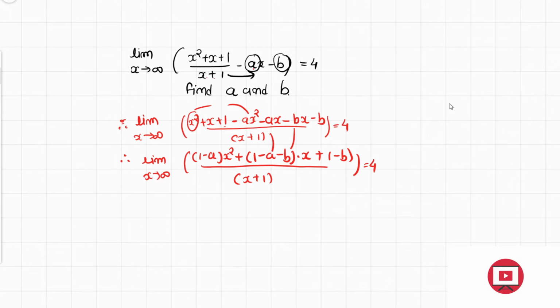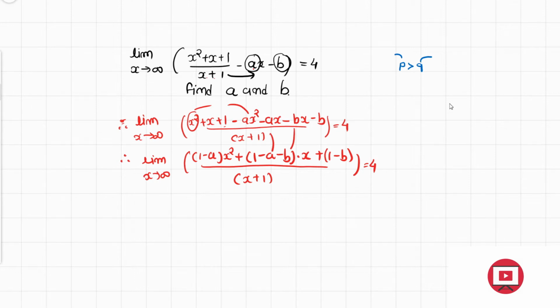So now we need to think about what can be the limit of this one, and what are the different types of cases where we can have a different answer. So we have 3 types of different possibilities here. Let us say p greater than q, where p is the power of numerator and q is the power of denominator.